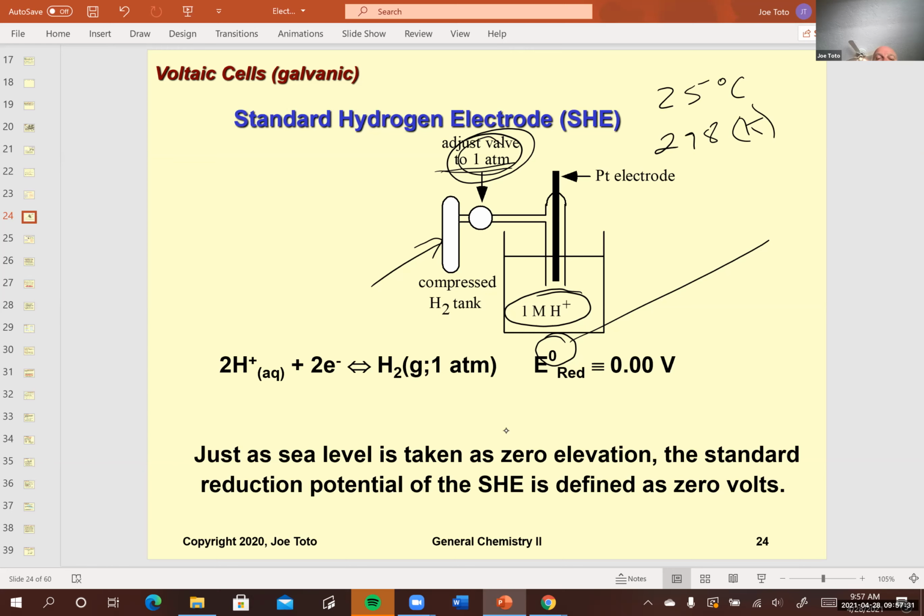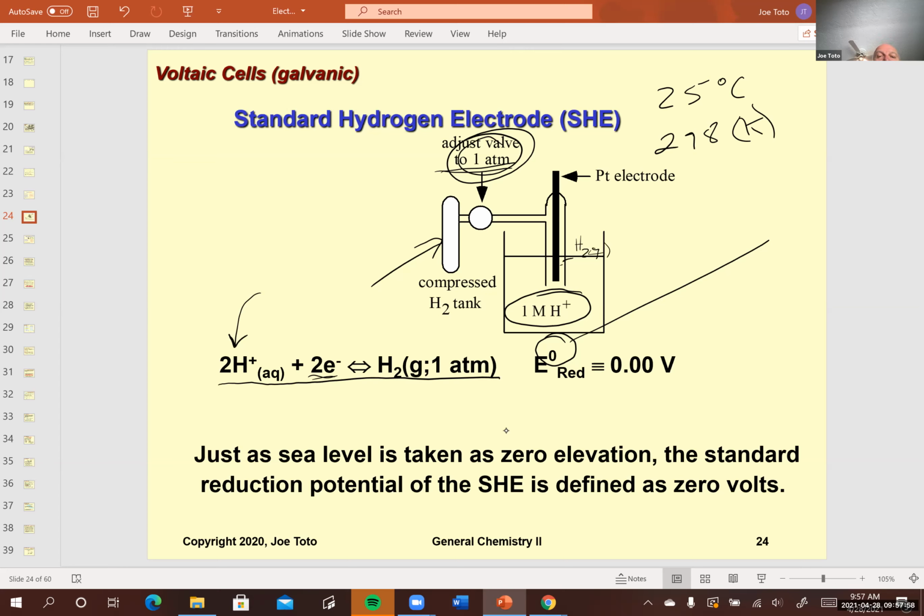Now notice that this standard hydrogen electrode is written as a reduction. So in the solution, I have my 2 H plus ions gaining 2 electrons, and then bubbling off here as H2 gas.